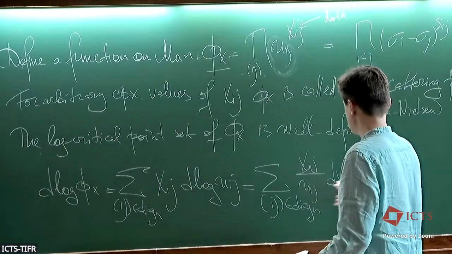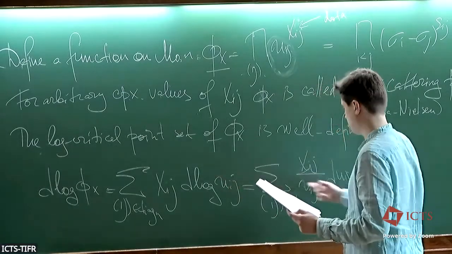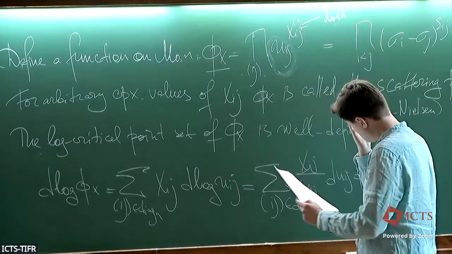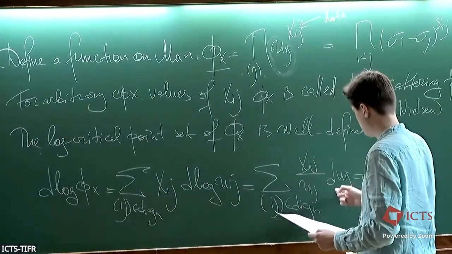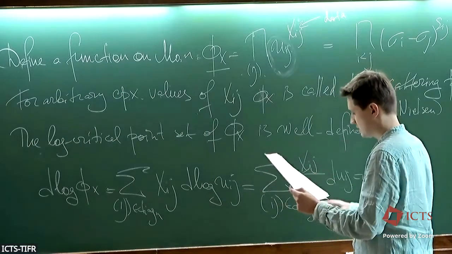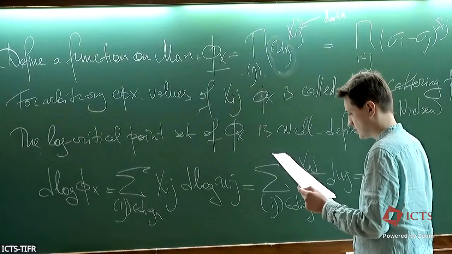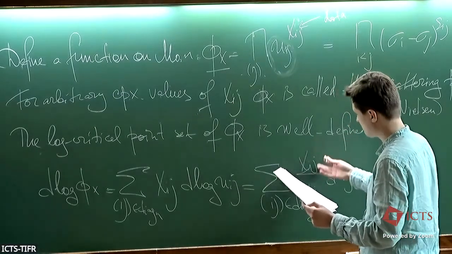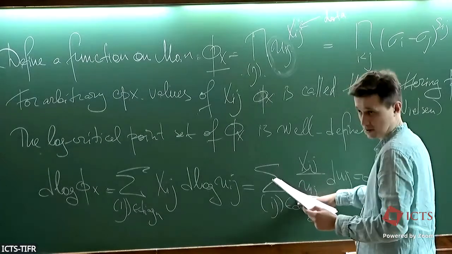This equation defines the critical point set, and it involves the differential d of u_ij. From this, we will get a system of equations defined by the parameters x_ij, and the unknowns will be the functions u_ij.